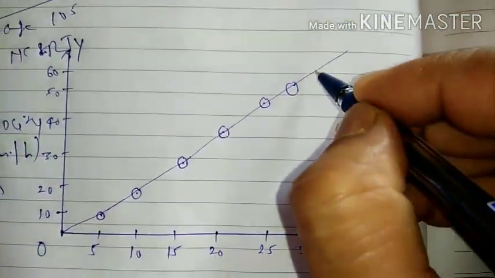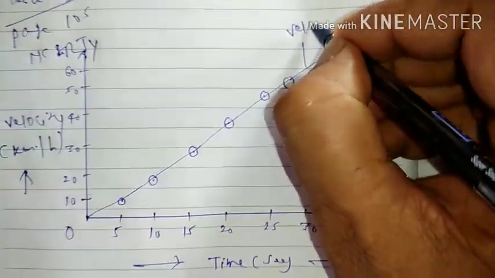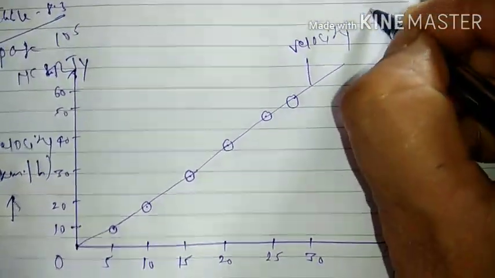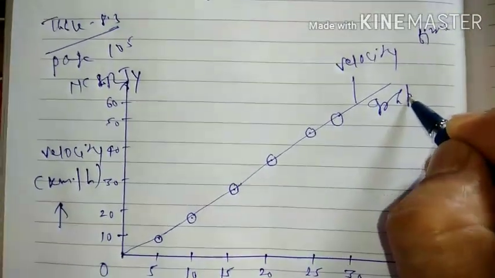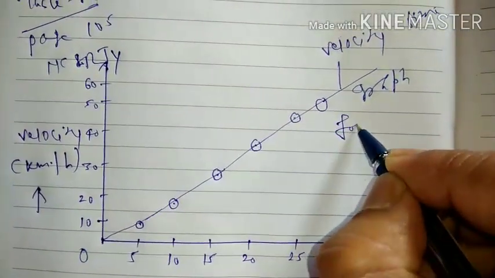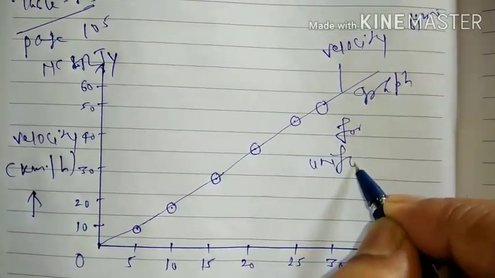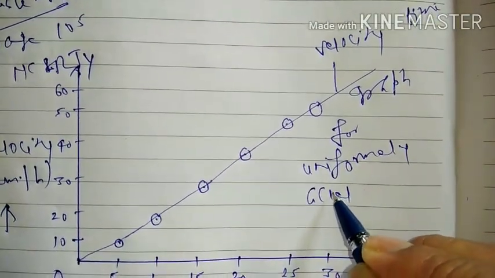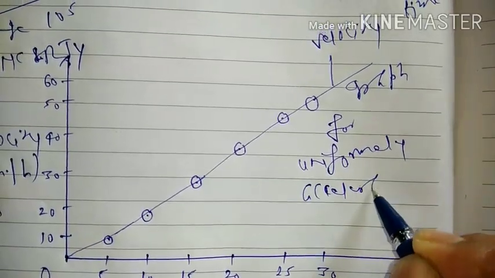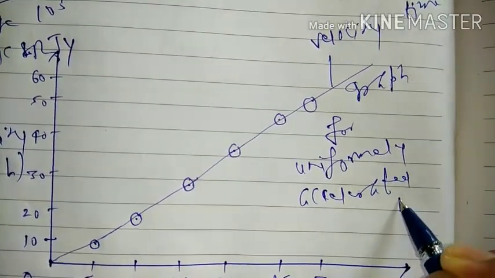So here this is the velocity time graph for uniformly accelerated motion.